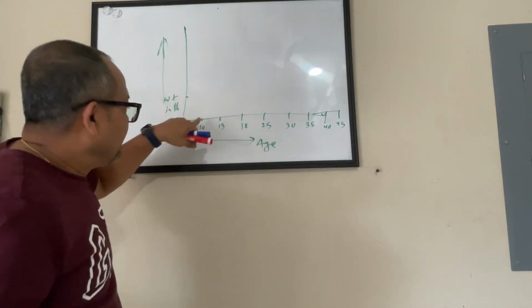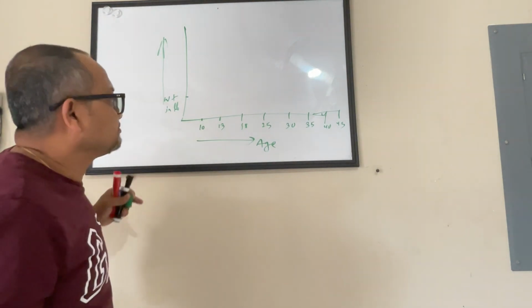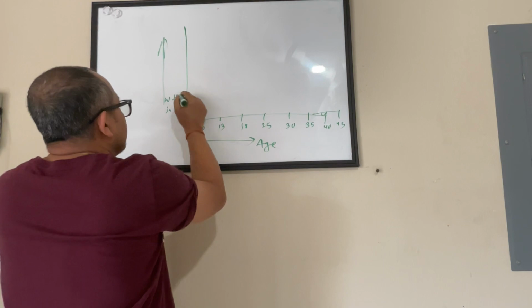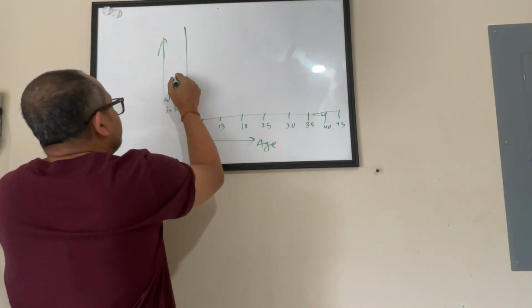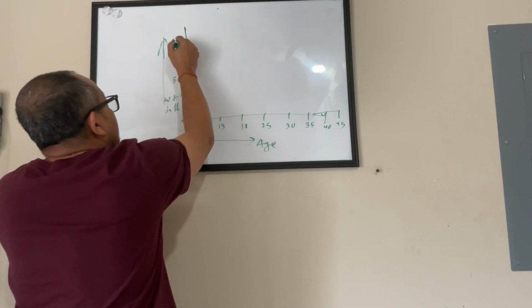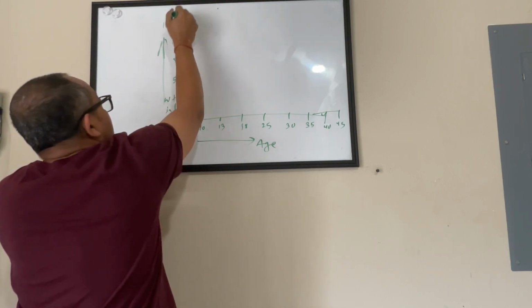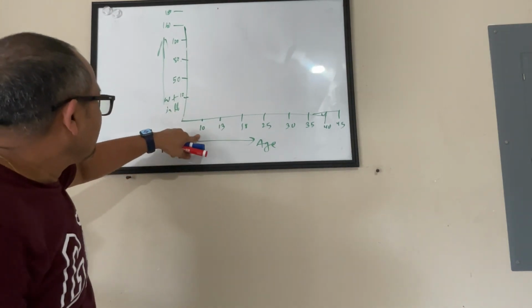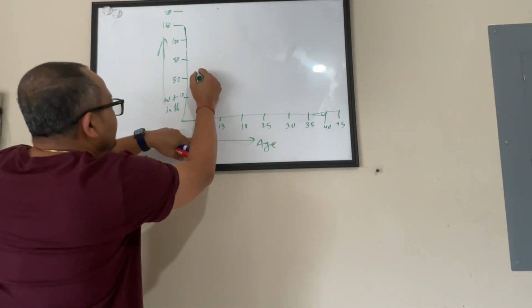Okay. When I was 10 years old, let's say my weight was, this is let's say 10, this is 50, 80, 120, 160, 180. When I was 10 years old, my weight was, let's say, 54 pounds.